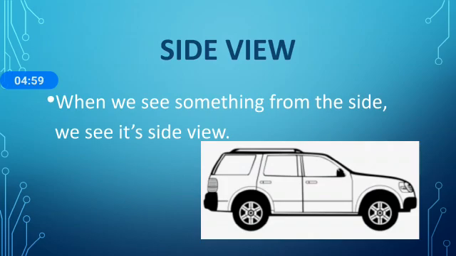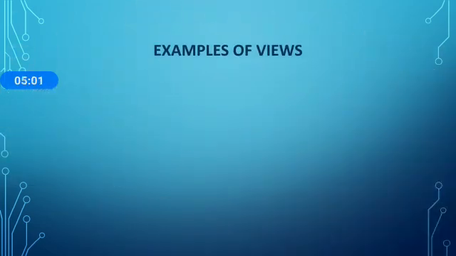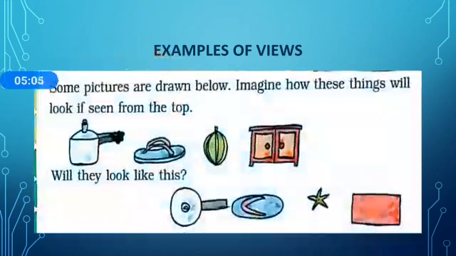Now we will see some more examples of views. Some pictures are drawn below. Imagine how these things will look if seen from the top. You can see here in the first row, there are pictures of a cooker, a slipper, a watermelon, and a cupboard.